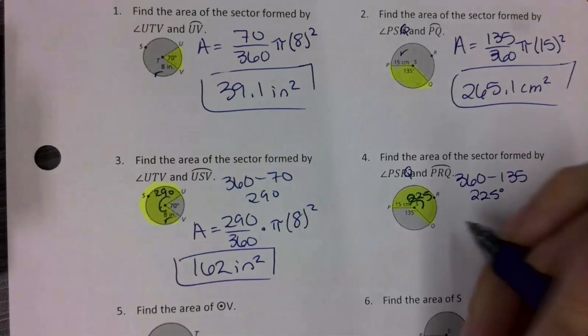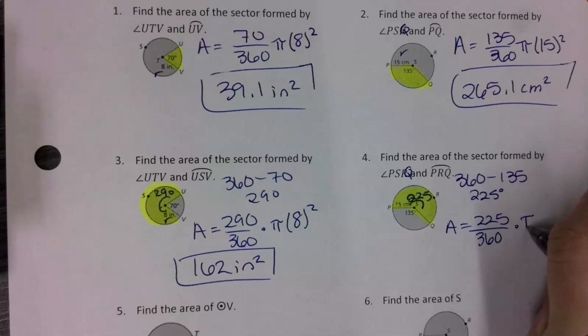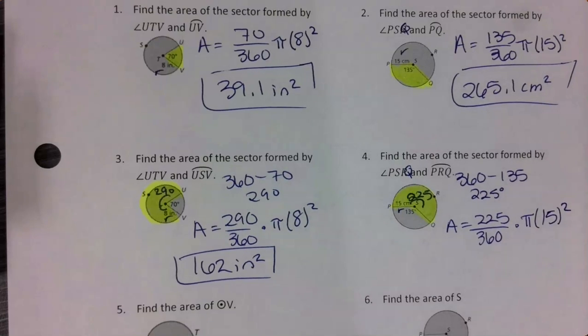Then I'm going to plug into the formula. So I have 225 over 360 times pi. My radius here is 15, so 15 squared. Then I can go to Desmos and type this in.